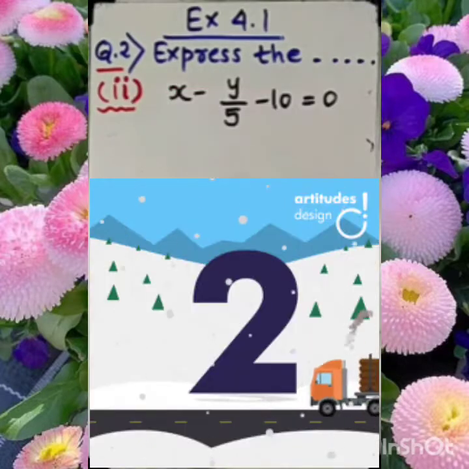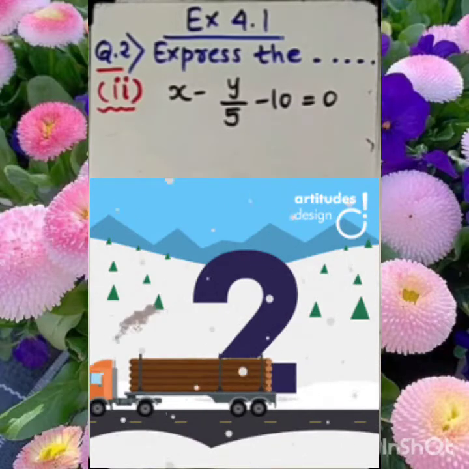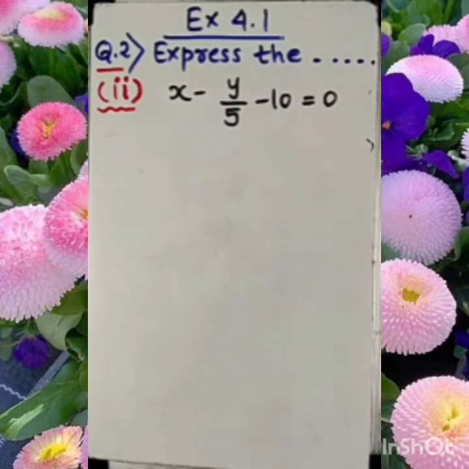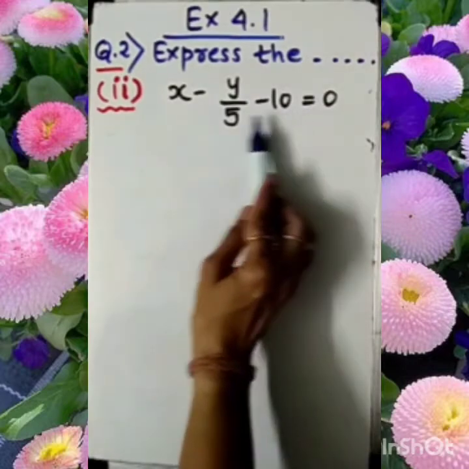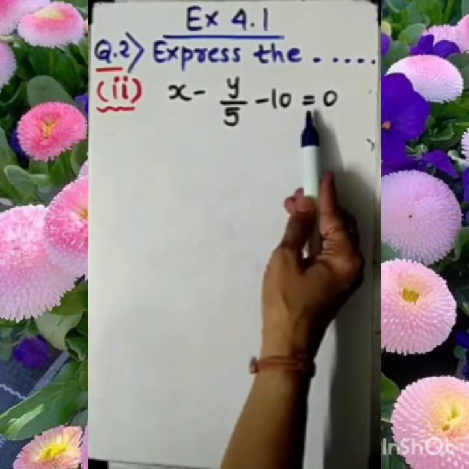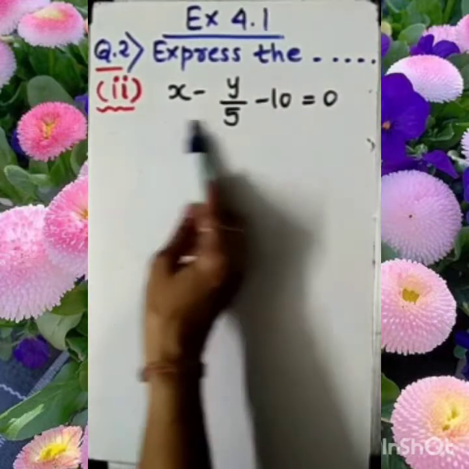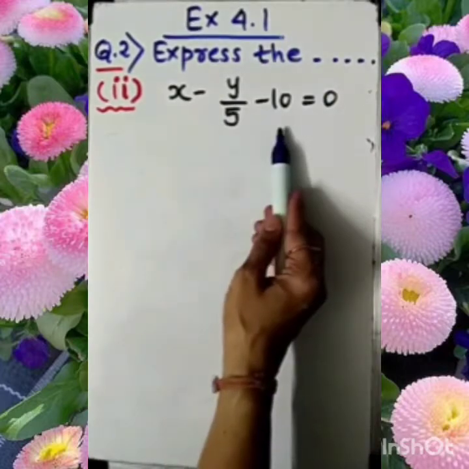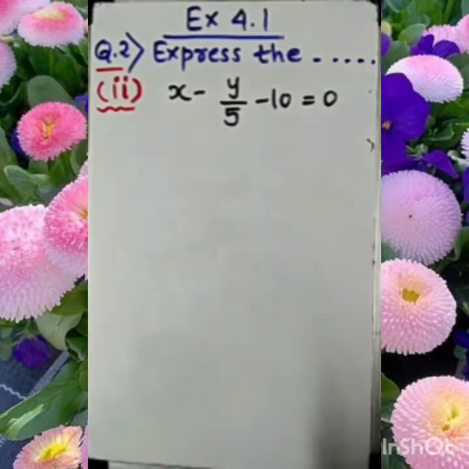So dear students, question number 2, the second equation is on your screen: x minus y by pi minus 10 equal to 0. Now you can see all the terms we are given are on the left side of the equal to, and the RHS is 0. Okay, so it is already arranged.